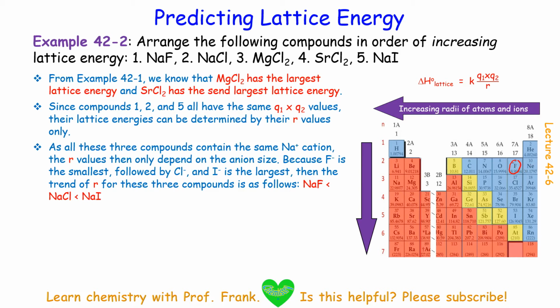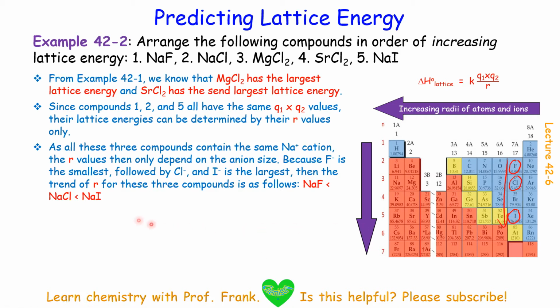Fluoride is formed from fluorine, chloride is formed from chlorine, iodide is formed from iodine. So the size for the ions should increase from top to bottom.